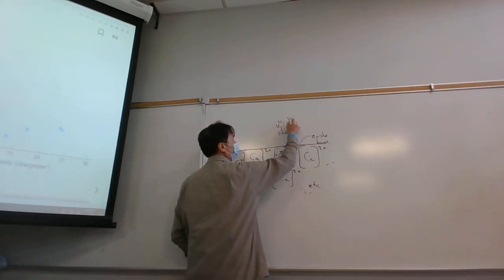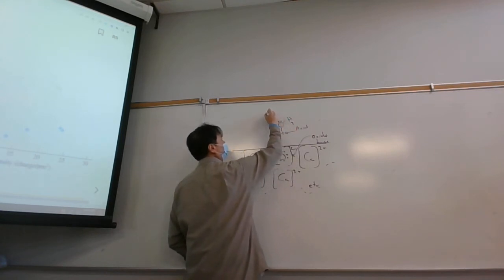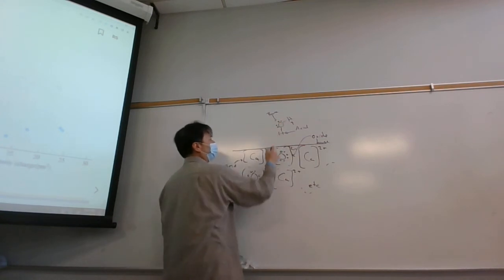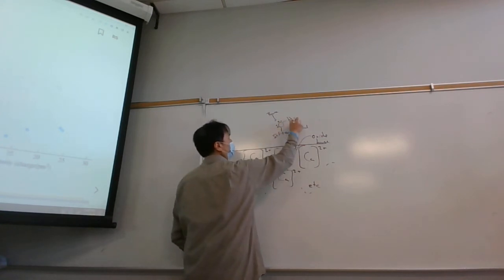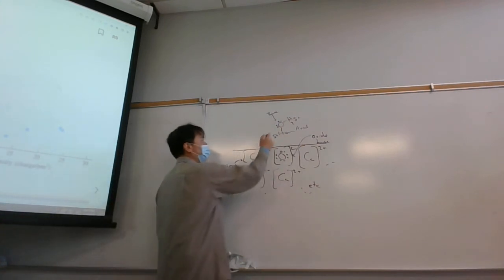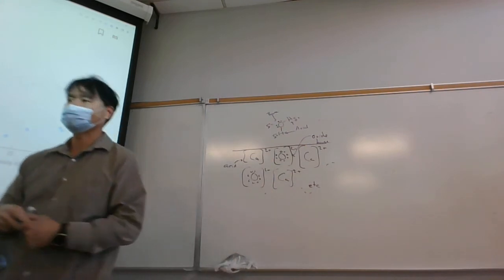The hydrogens. The base would be the oxygen. The hydrogens are delta plus, making them willing to accept electron cloud density. The oxygen is delta minus, making it able to donate electron density.